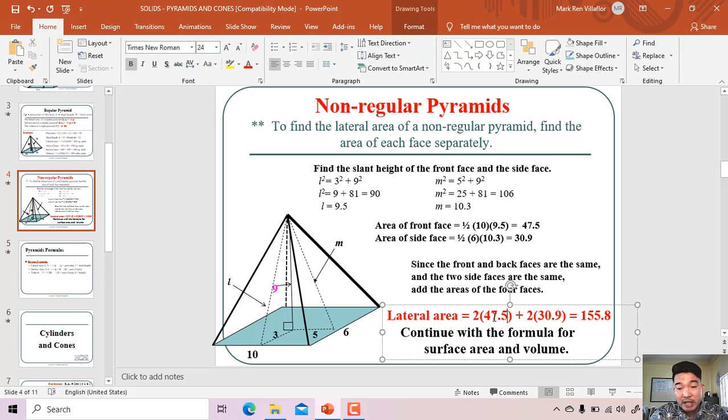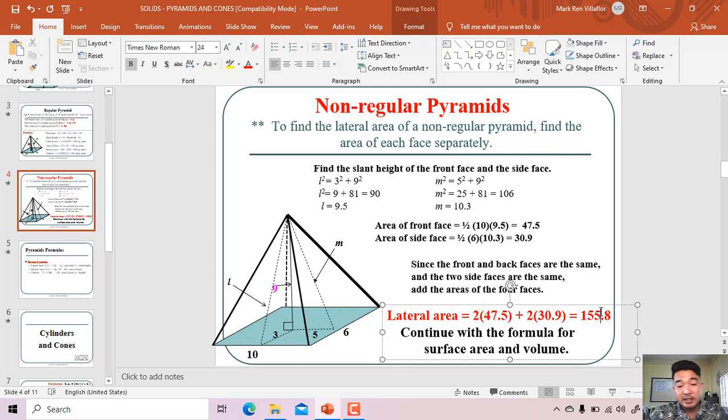What will happen? 2 times 47.5 is equal to 95. 95 plus 61.8 is equal to 156.8.